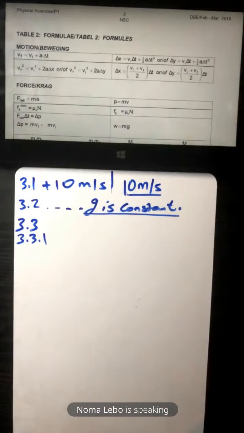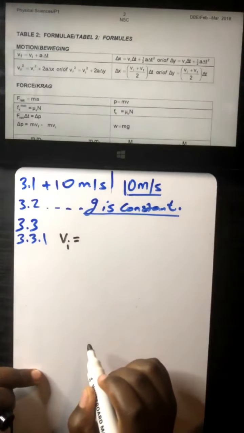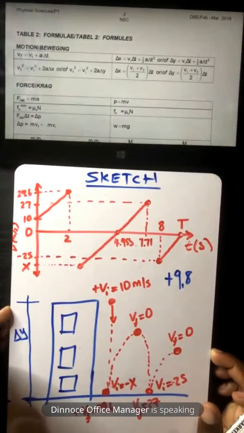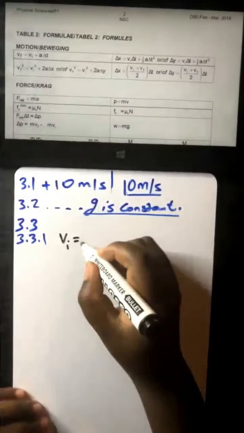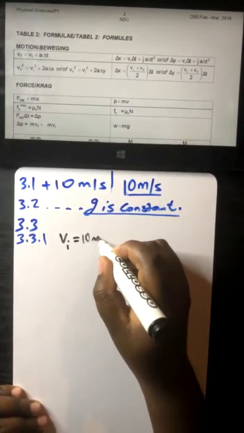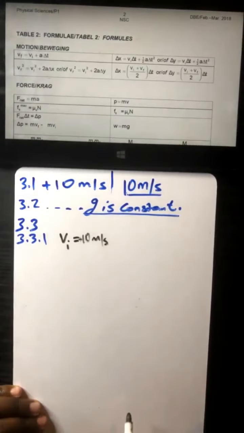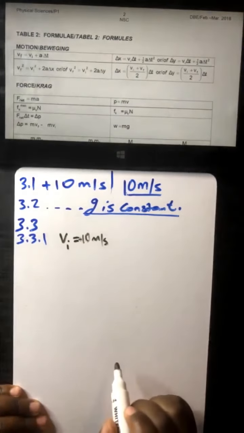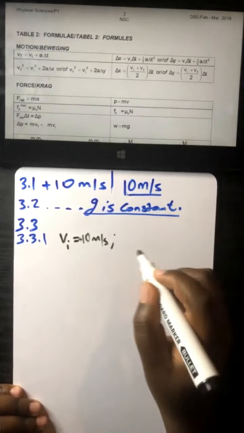Thanks, sir. Makes sense. Yes, sir. So obviously, we know V initial is equal to 10 meters per second. Mr. D, in this case, it's important to say positive 10 meters per second, because this is a velocity that we're dealing with, which involves direction. And what else have we got?